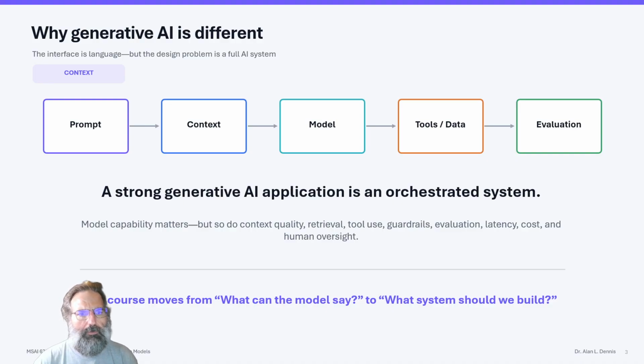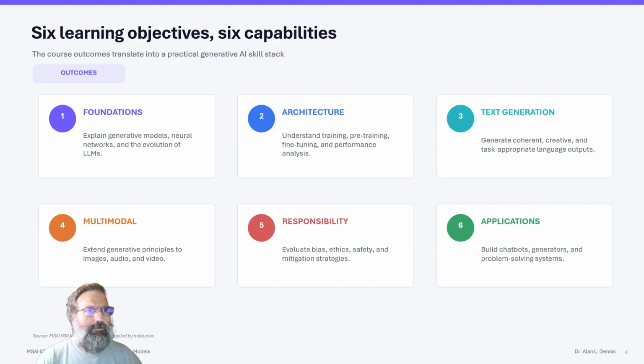There are some pretty important things that will be covered, such as quality retrieval, tool use, guardrails, evaluation, latency, cost, and the importance of human oversight. This moves past what can a model do to what can a system do. It builds on some of the foundations that are necessary to understand this, as well as the architecture of how these things fit together, and being able to do text generation and handle multimodal approaches.